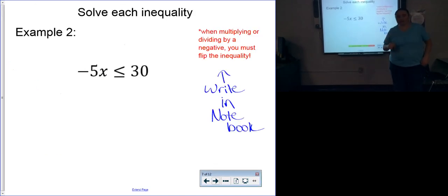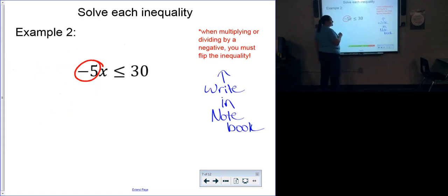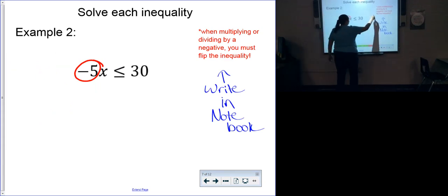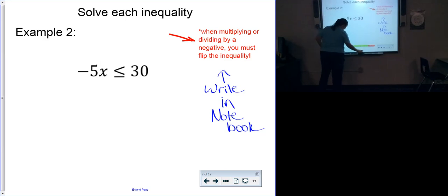Now, sometimes we're going to have problems where I'm going to get a negative at the very end. I'm going to have a negative number next to my x, a negative number that I have to divide by. When that happens, when you divide by a negative, you must flip your inequality sign. That is a rule that we have to follow.